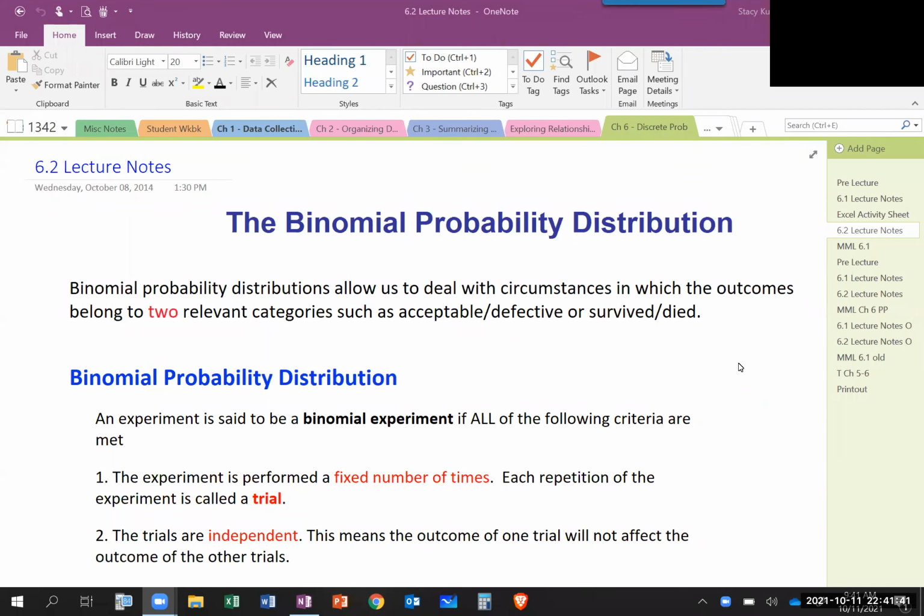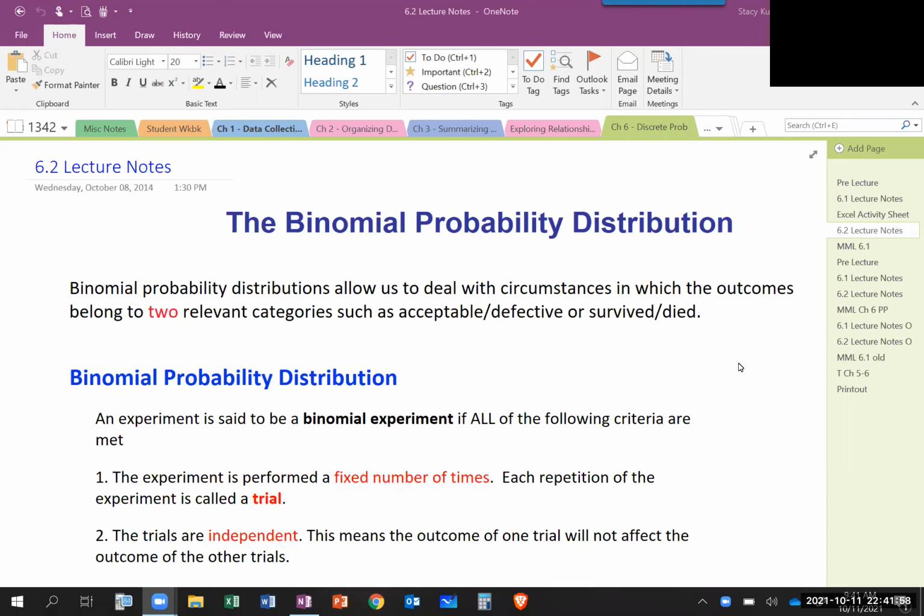There's only two outcomes, and we have all sorts of things that we can model in that fashion, just thinking of a binomial distribution. Which soda do you prefer, Coke or Pepsi? Are you happy with the government? Yes, no. All sorts of things can be modeled as binomial distributions.